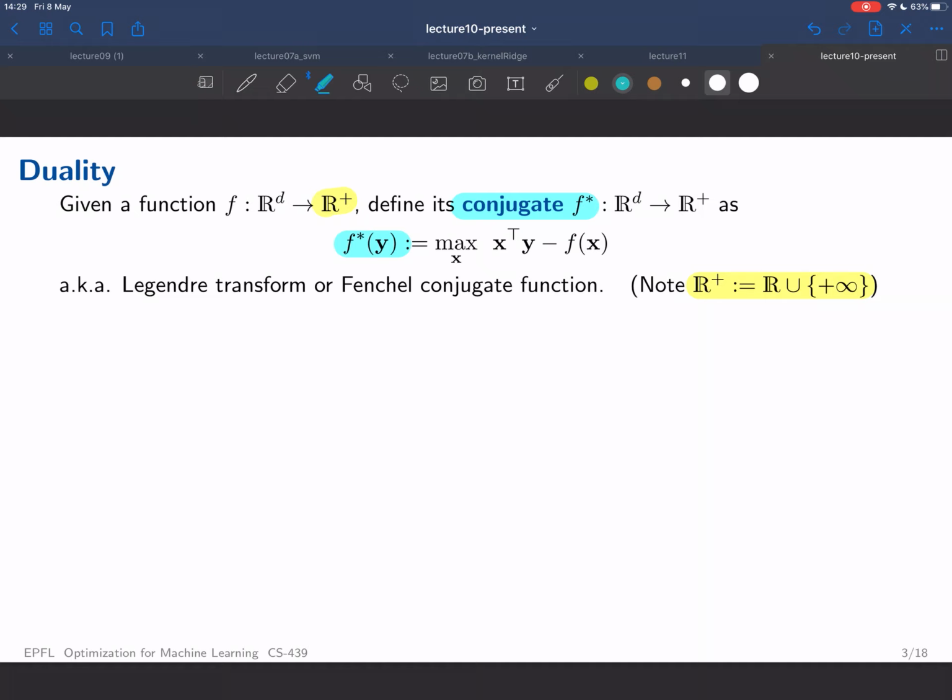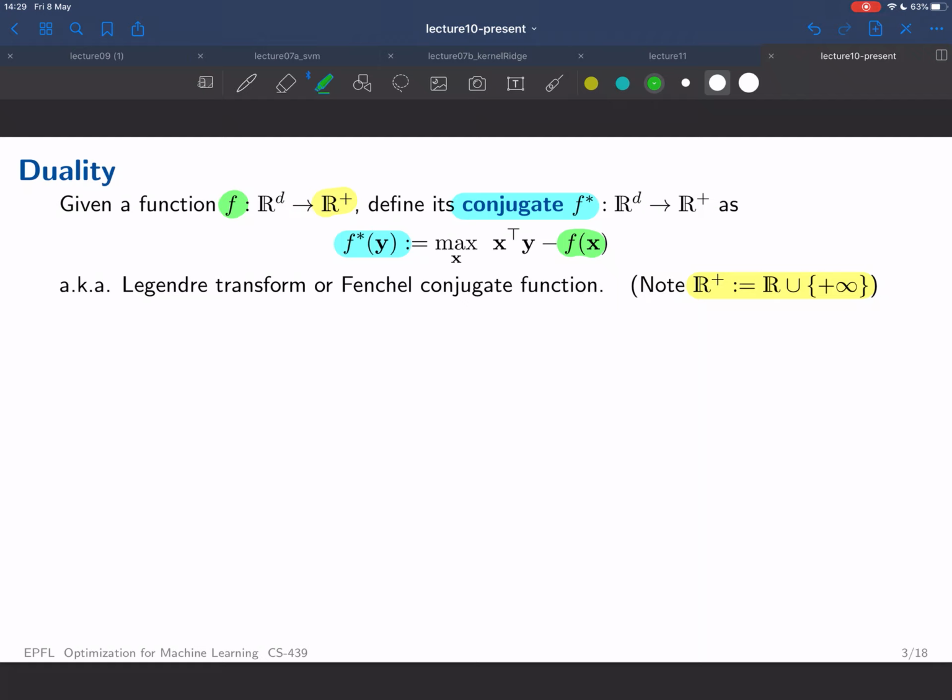So think of the original function living in the space where you had x as your variable, and now your dual function takes an argument y, and that's just defined by the maximum of the original function plus kind of a linear form.